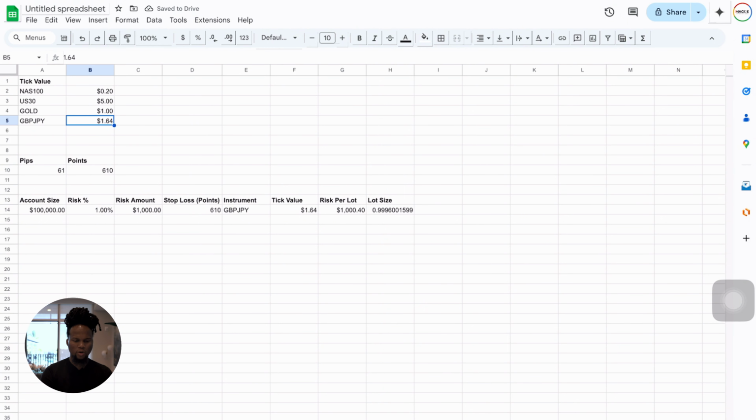So it's going to be like $1.64 per pip to risk exactly this amount.